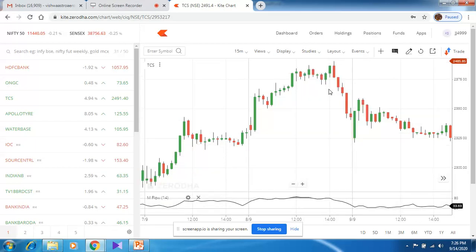So coming to money flow index, again this also says about the oversold and overbought condition only. But this actually combines RSI and the volume itself.